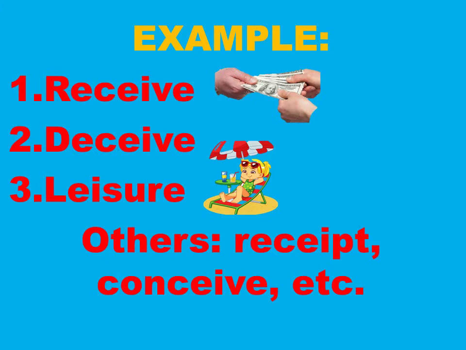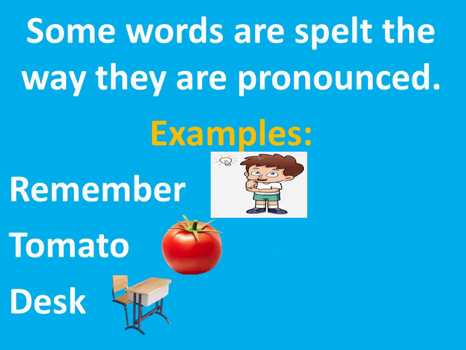So for correct spelling, you must get your pronunciations correct. The reason is because some words, such as remember, tomato, desk, all of these words, you will notice that they are spelled just the way they are pronounced.